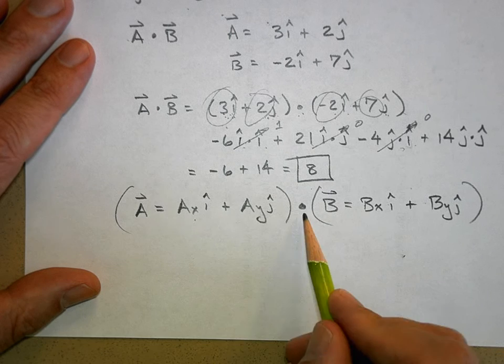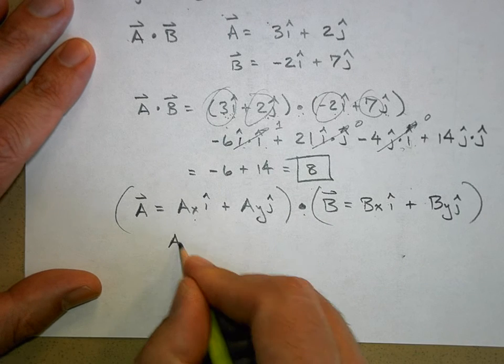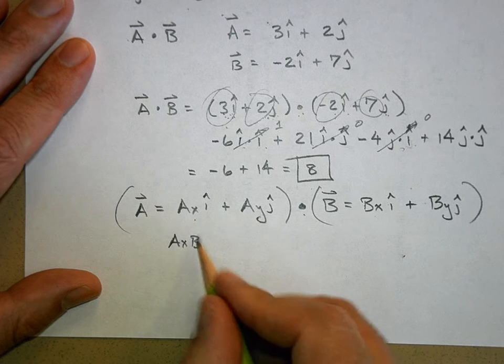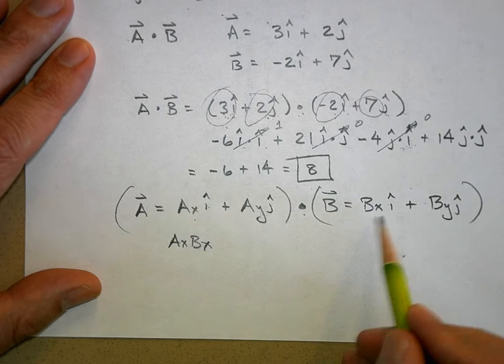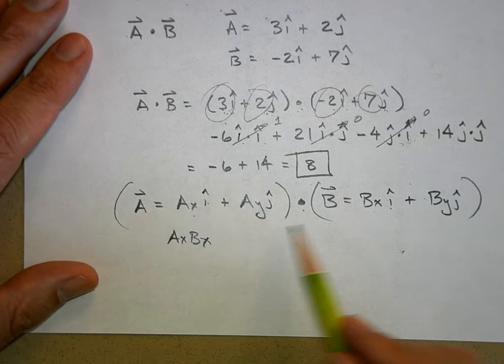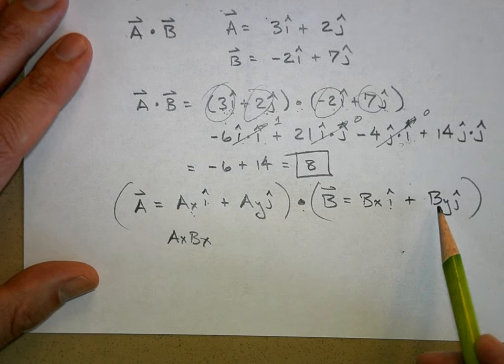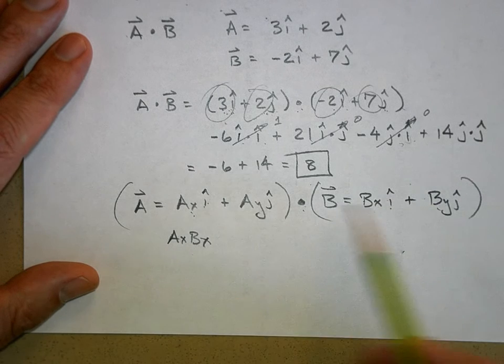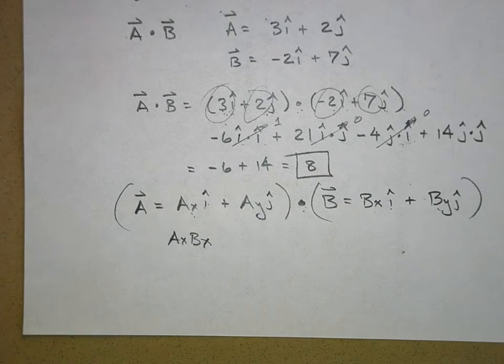Ax dot Bx, and then you have i dot i, which is 1. Then Ax By, I could write that down, but I got i dot j. That's 0. So let's not bother to write it down.